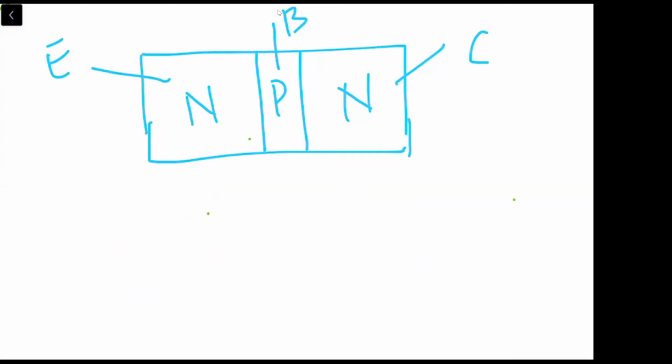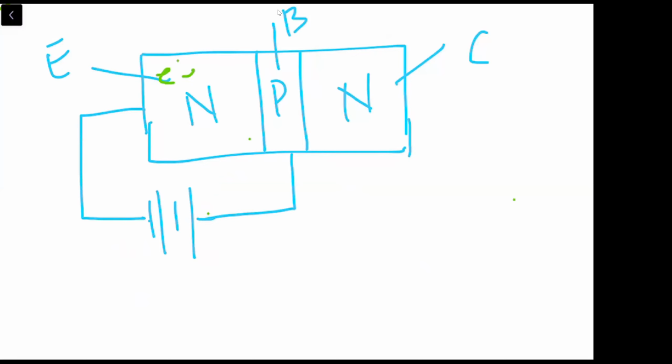If we make this emitter base junction forward bias, applying some DC source, now, as we have said that the emitter is heavily doped, this means we will have plenty of free electrons generated.